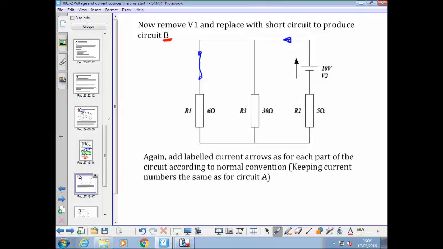So that would be I2B. Which way would I put a current arrow through R3? Down. I3B. And through R2? Down. I1B. So, like we did for circuit A, calculate the three currents I1B, I2B, and I3B. Please.